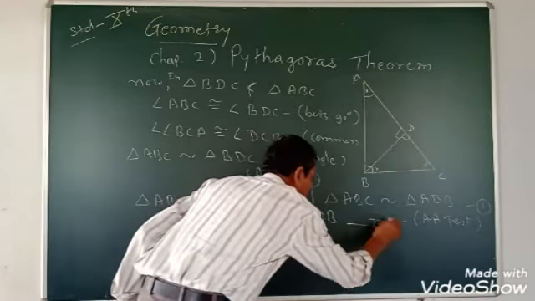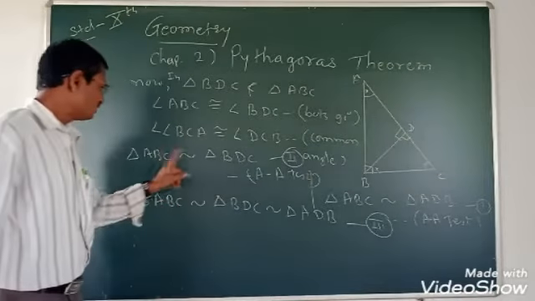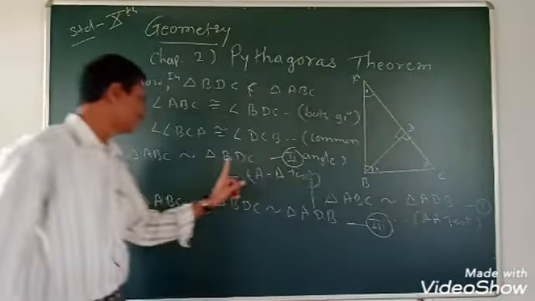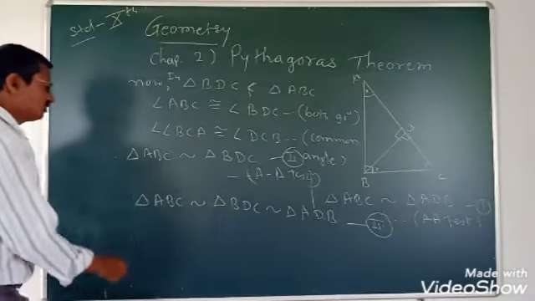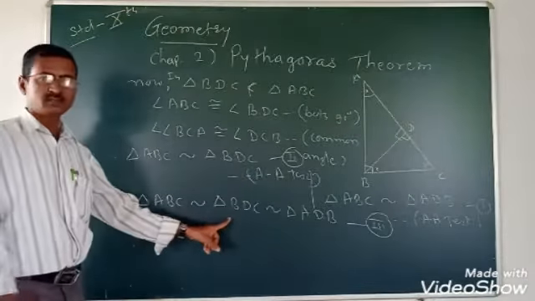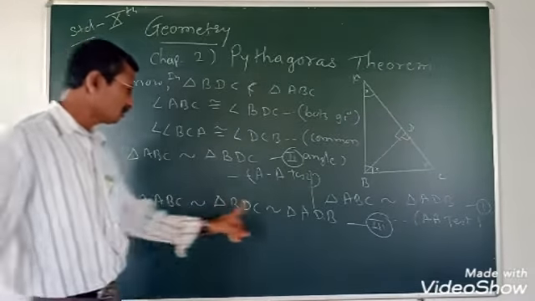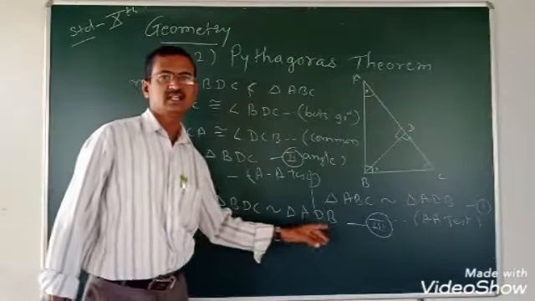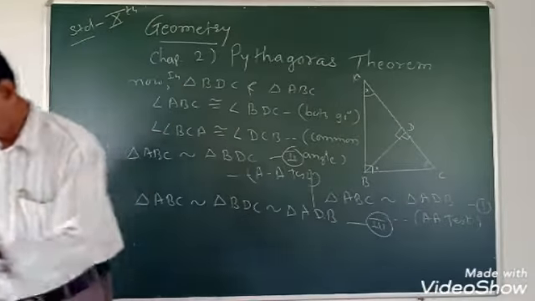It is solved. So from this we got all the three proofs. Means triangle ABC is similar to triangle BDC, triangle ABC is similar to triangle ADB, and triangle BDC is similar to triangle ADB. Hence proved.